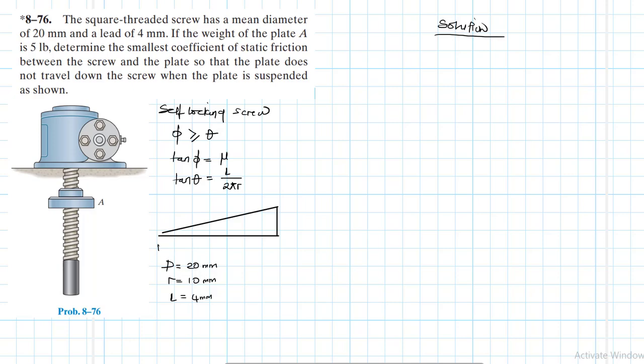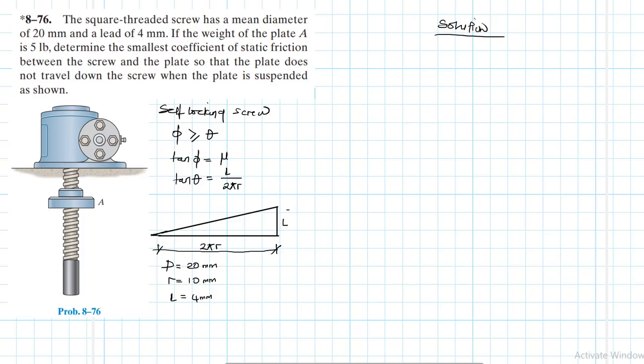So we have this length here. This is unwinding a thread of 1 revolution. We unwind it, so this is how it appears.